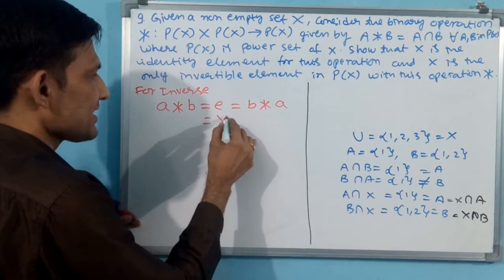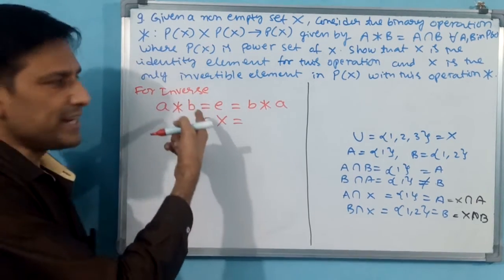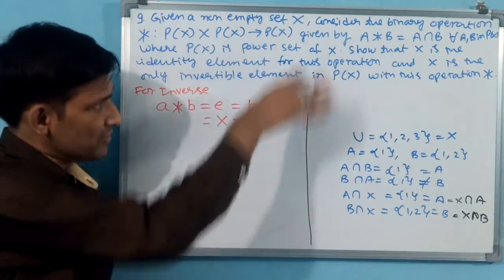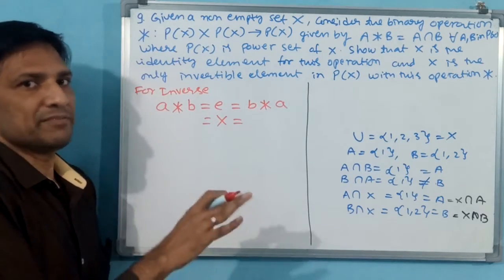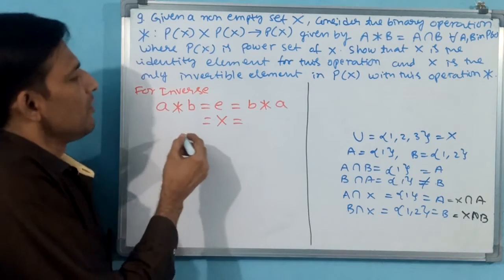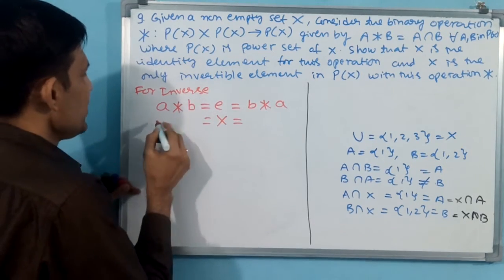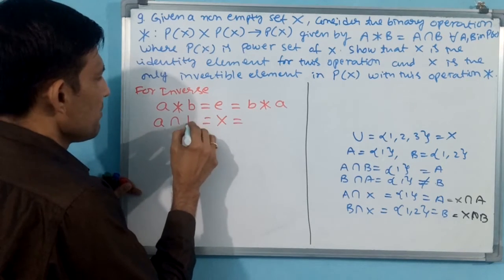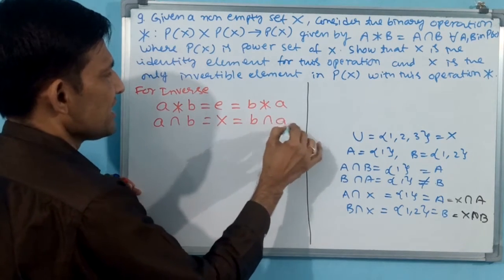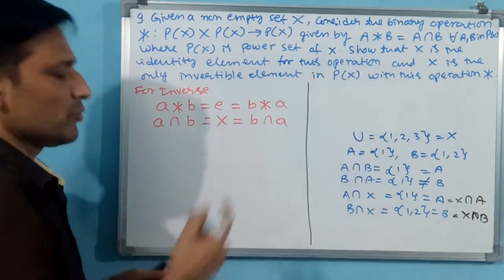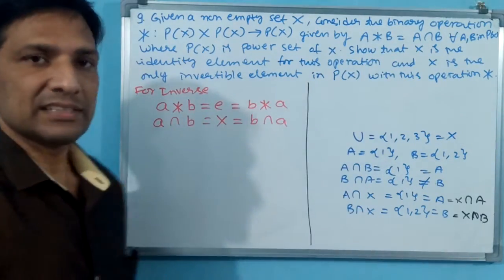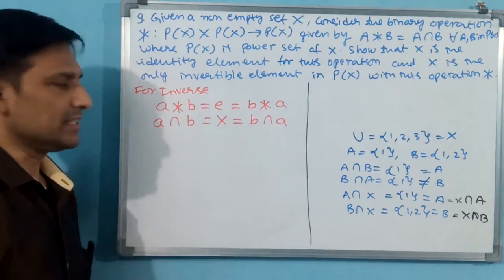E is X here. Why? Because the identity element X, in the same problem only, we have concluded that X will be identity. Now you tell me here, A intersection B, intersection A. Why? Because here the binary operation is intersection only. Without intersection you cannot take anything.